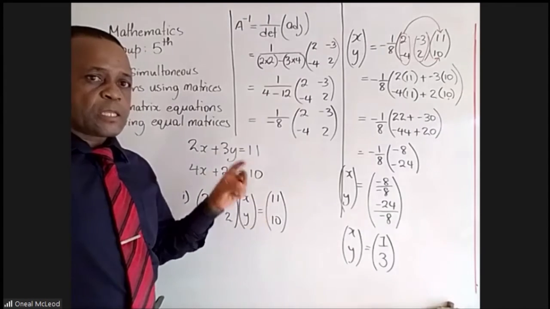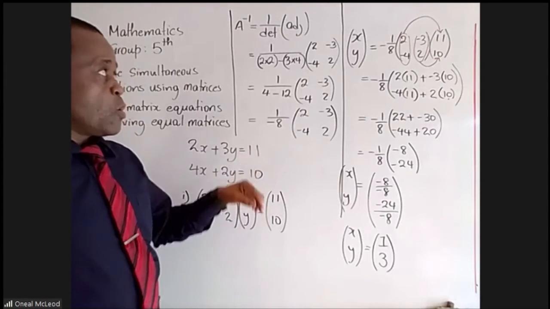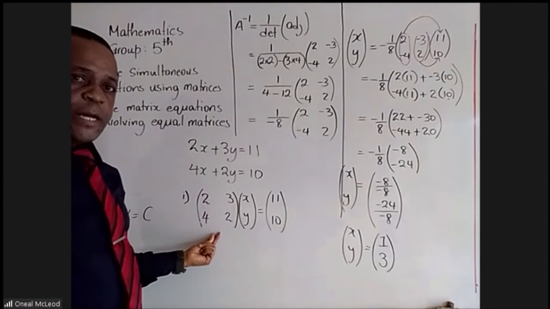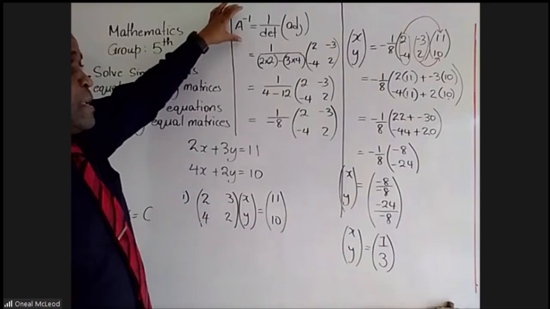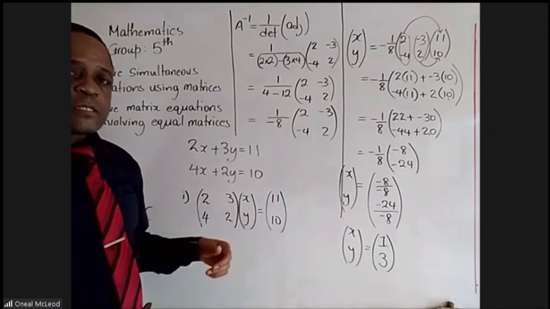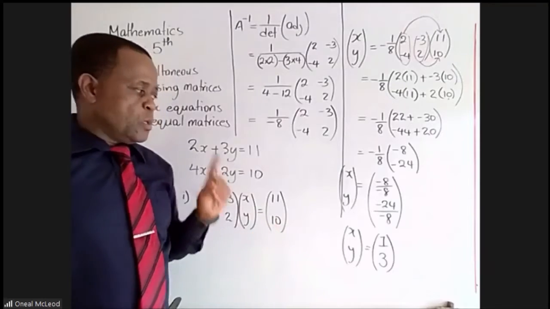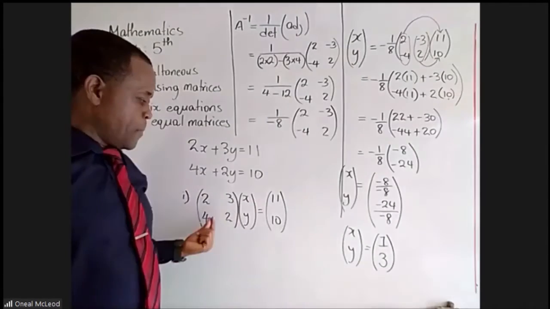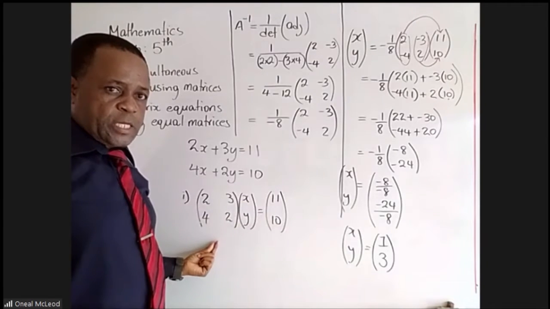Step 2, we find the inverse of the 2 by 2 matrix. Step 3, we use the inverse of the 2 by 2 matrix to multiply both sides of the equation.